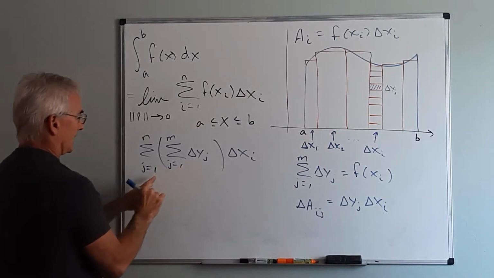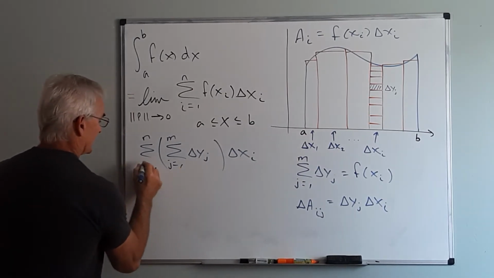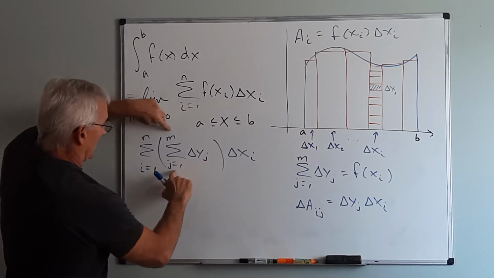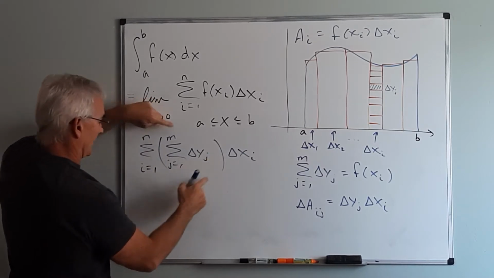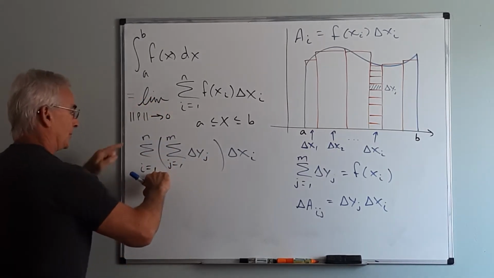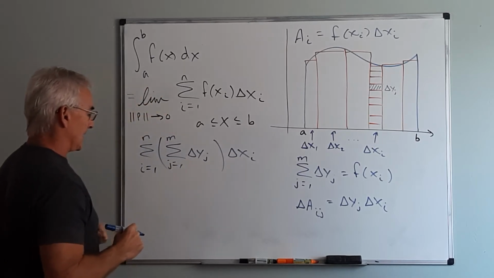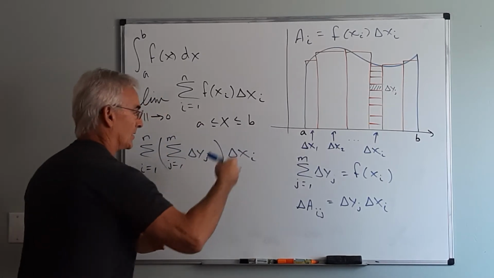So again, starting at i equals 1, I would add all these up, and that would give me f of x_1. Now when I go to i equals 2, I'd add all these up, and that'd give me f of x_2, and so on.